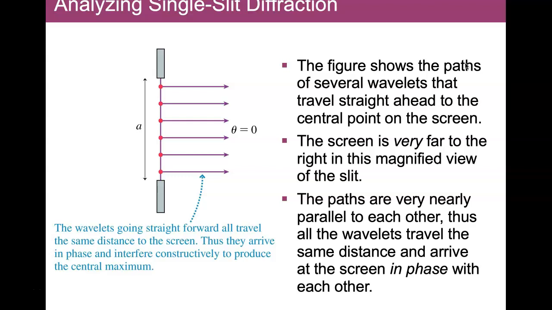All the light is just going straight ahead. So that gives us constructive interference, right? There is no phase difference between any of these. They're all in phase, so everything adds up constructively. So we know that right in the center we have a maximum in the same way that we had one for, let's say, the double slit.